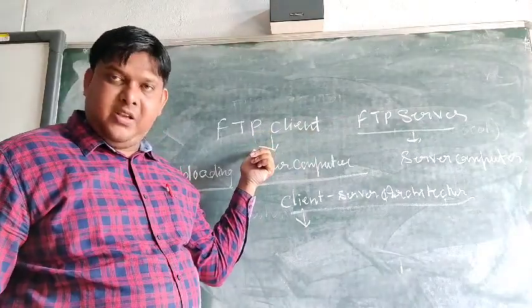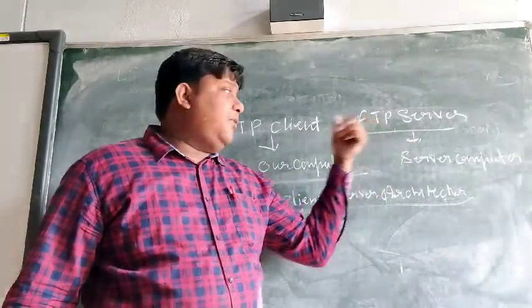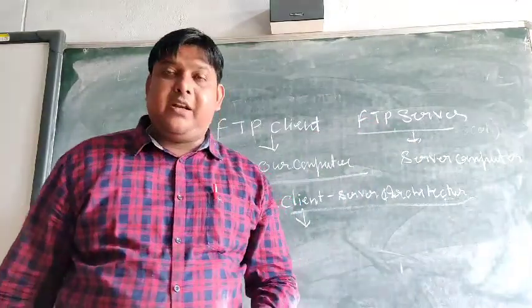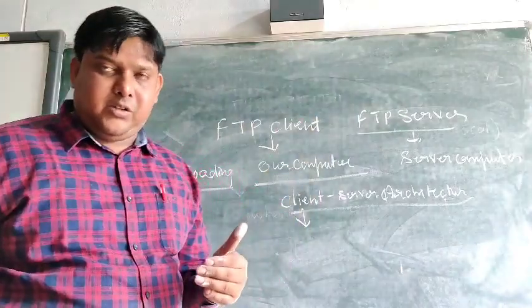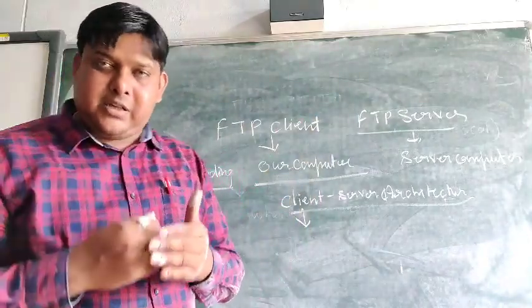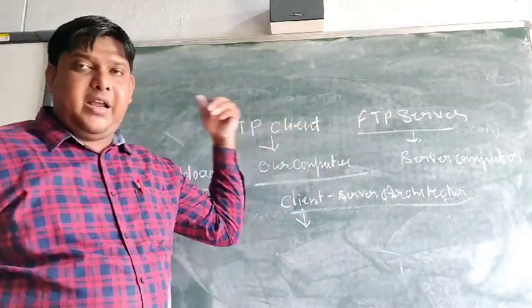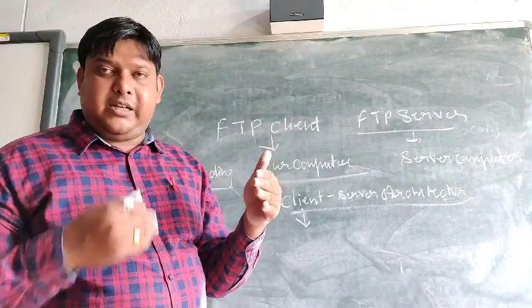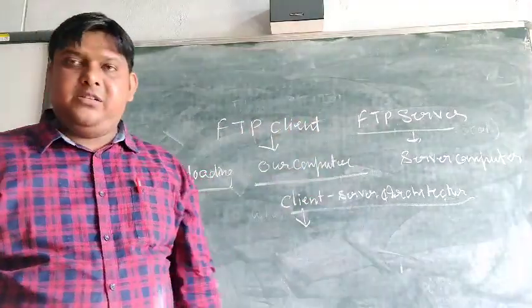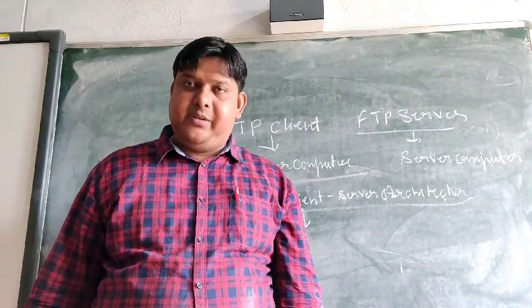FTP client. Clear? After getting the request from the client, the server will reply whether the data is going to be transmitted or not. If the data is going to be transmitted, then it will send a reply to the client, yes, you can make the connection and establish the connection, and then the data is transferred. That is the working order of the FTP client and FTP server.